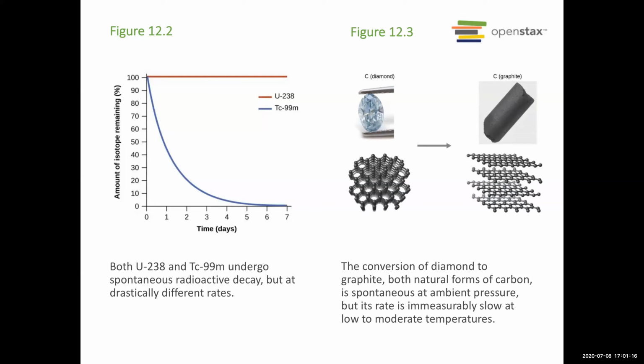Graphite is thermodynamically more stable than diamond. So what does that mean? That means that diamonds will spontaneously change into graphite. But the reason why you don't notice this is because the kinetics for this change are very, very slow.